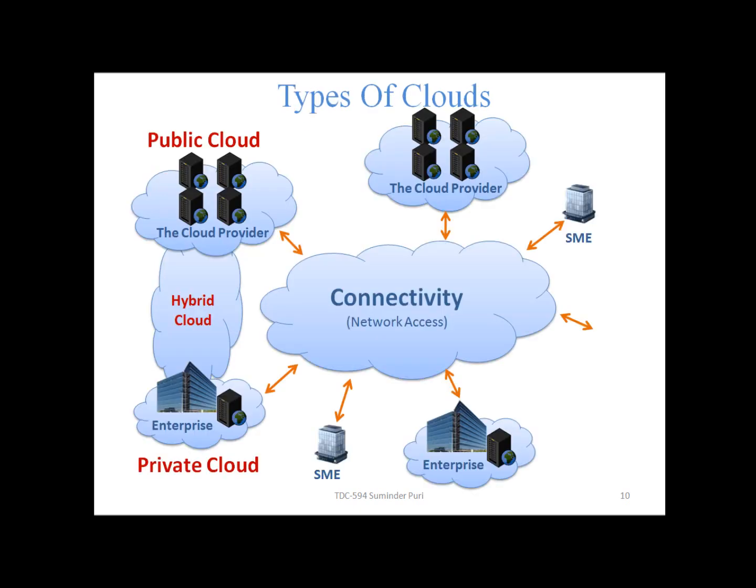So basically there are three types of models. There's public cloud, private cloud, and the type that mixes the public and private, the hybrid cloud. Public clouds are run by a third party, and the applications from different customers are likely to be mixed together on the cloud servers, storage systems and networks.